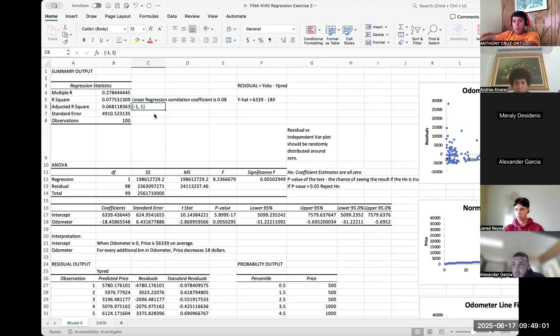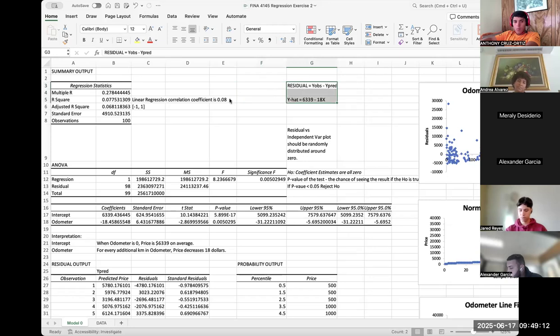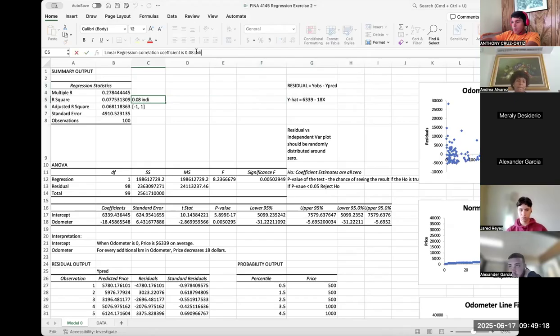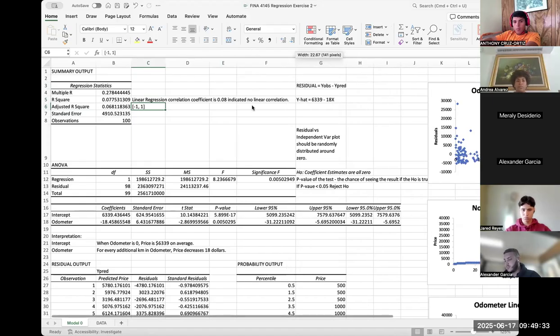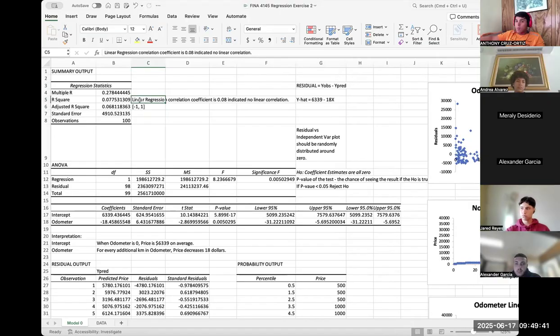On a scale of -1 to 1, that's pretty bad, right? It's very close to 0. So even though we interpreted it, it's not a great fit. Everybody following? Everybody getting it?